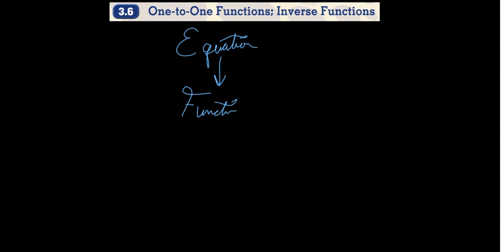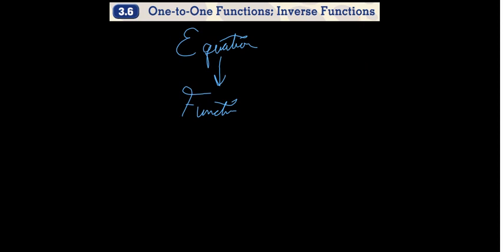That is an example of what a function is. We know equations can be, for example, the circle equation, which violates the vertical line test. But that's an equation, that's fine. A function, again, must pass the vertical line test.